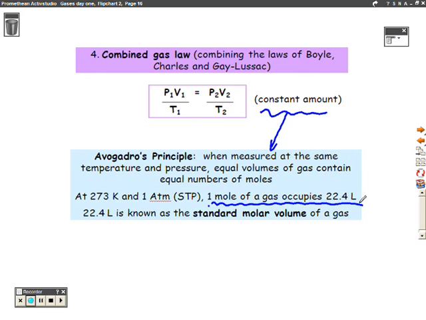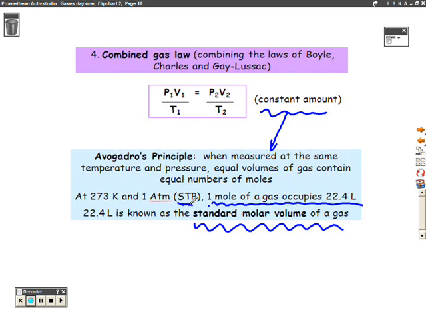This is called the standard molar volume of a gas because it's at standard temperature and pressure. So 1 mole of a gas at standard temperature and pressure would have a volume, which is constant, 22.4, and that is known as standard molar volume of a gas.